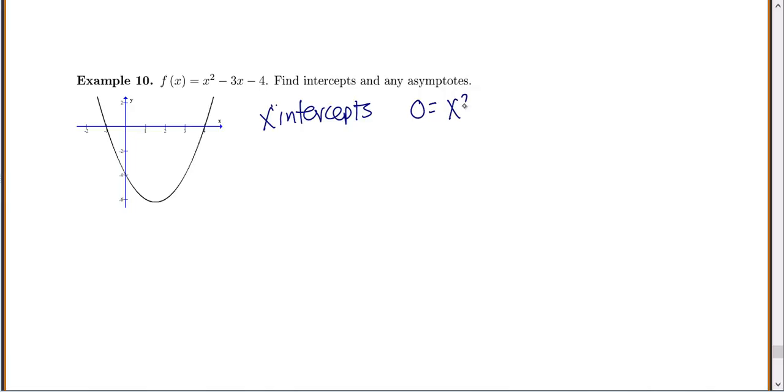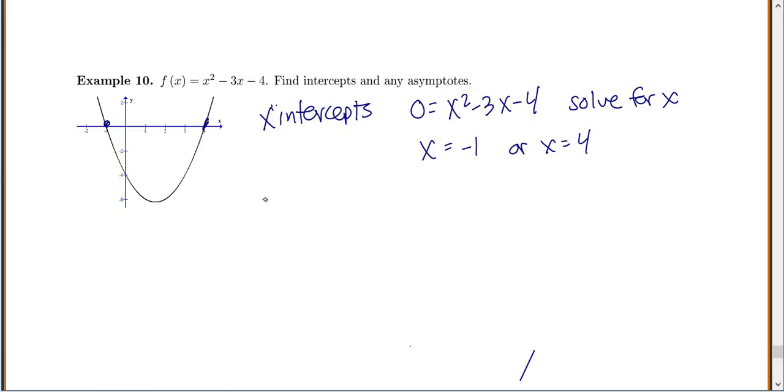Let's do 0 equals x squared minus 3x minus 4. Solve for x. X is going to be, if you work it out, negative 1, or x equals 4. Okay, I'm not going to work them all out here to save time. So x-intercepts, that matches with what I have on my graph, negative 1 and 4.